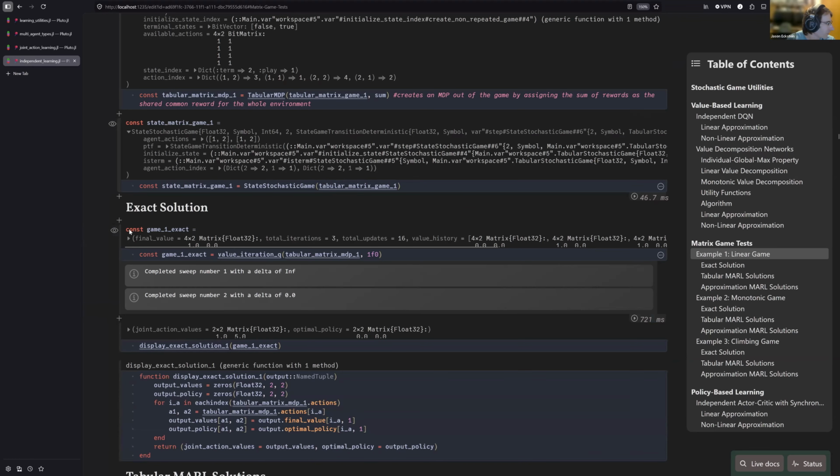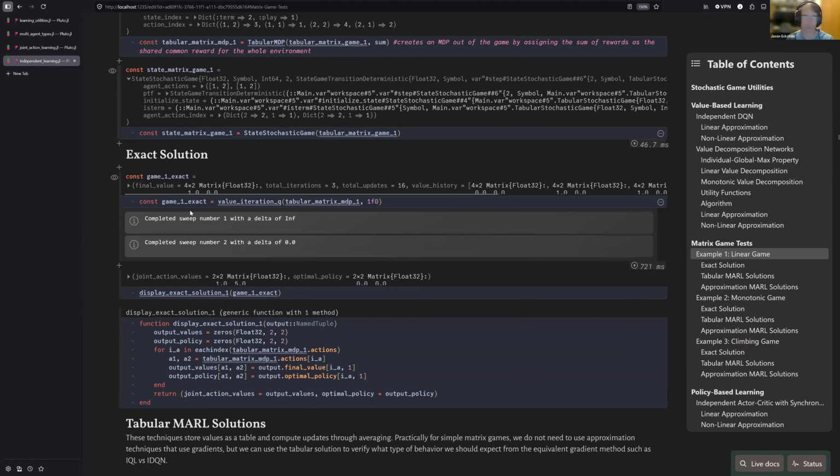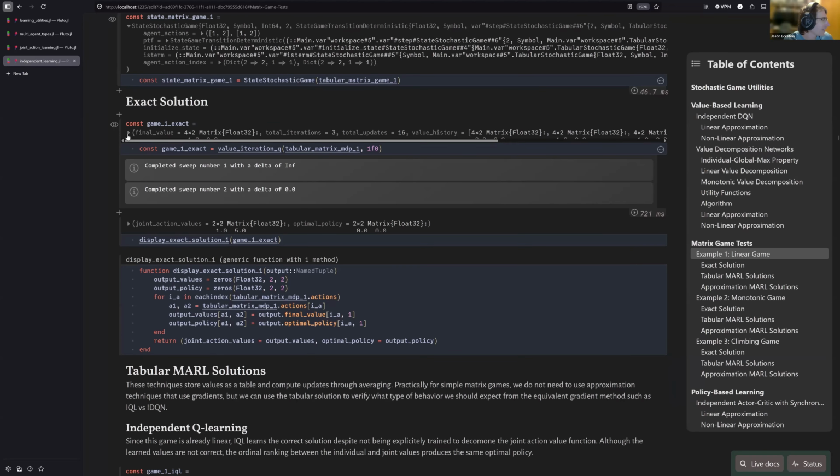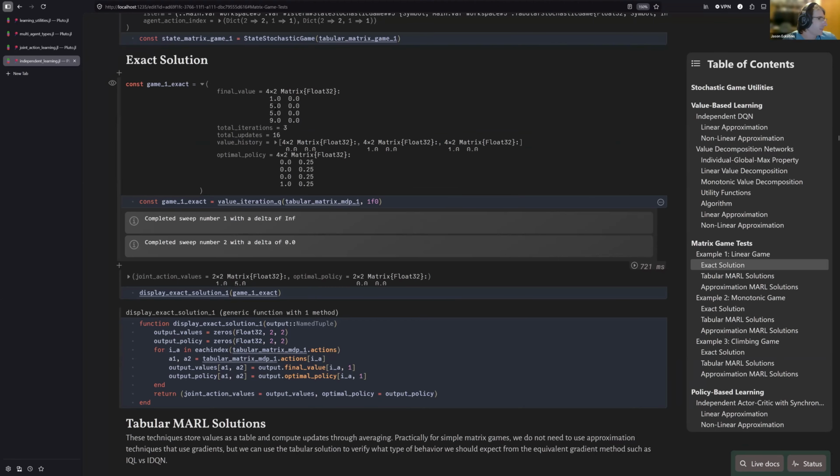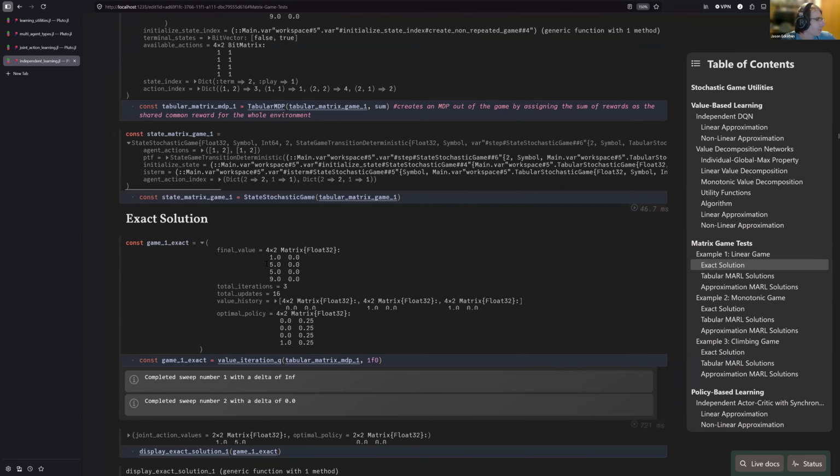But we could see, if we solve this with a normal reinforcement learning technique like value iteration, right? This is a completely trivial problem because we know what these values are. There's just four values, 1, 5, 5, 9. They match the values in the reward matrix.